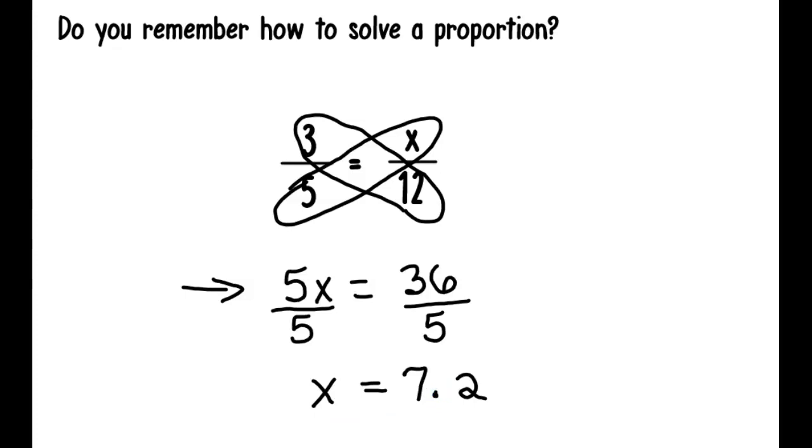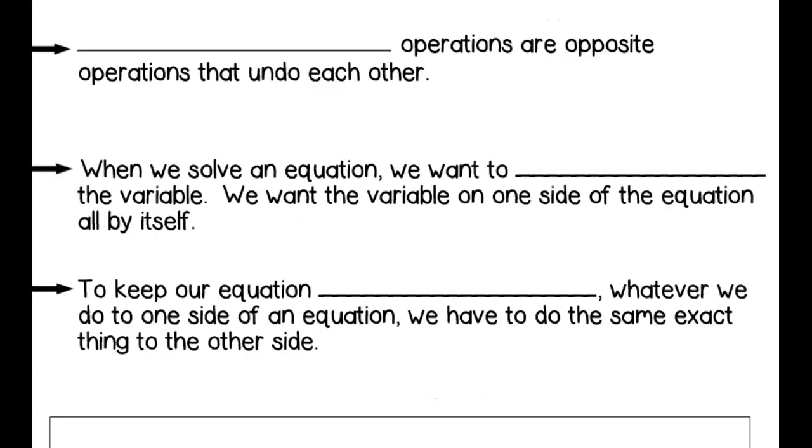This takes us into our lesson for today. Before we start discussing or reviewing multiplication equations, I do want to discuss the vocabulary again. If you all remember, we are looking to figure out the opposite operations for the operations that you see in the equations.